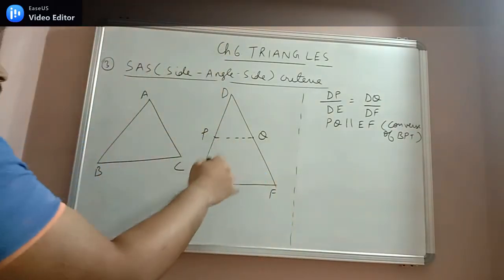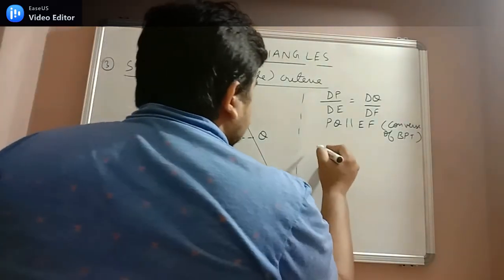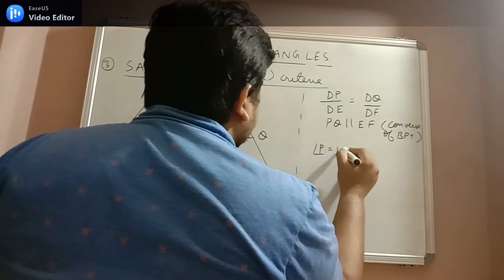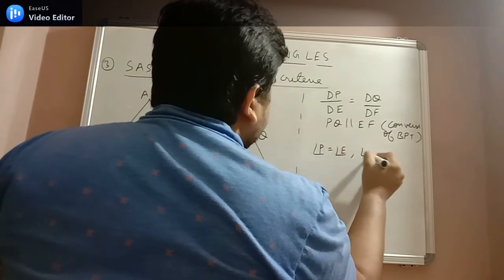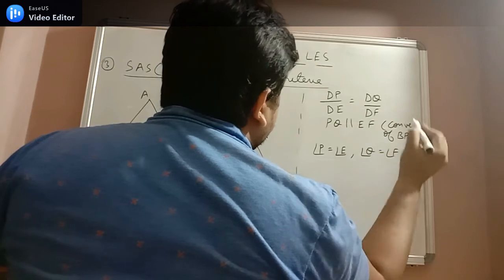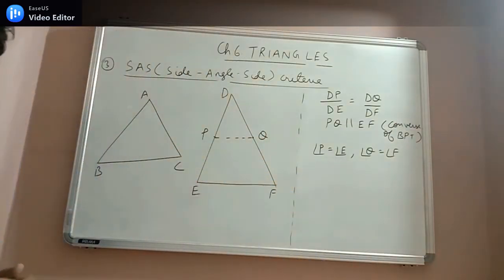So if PQ is parallel to EF, angle P is equal to angle E and angle Q is equal to angle F. The corresponding angles must be equal.